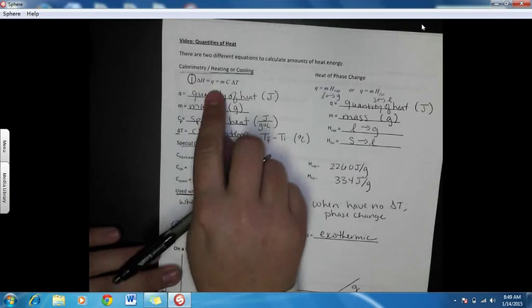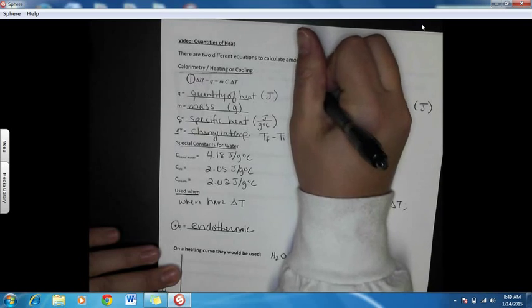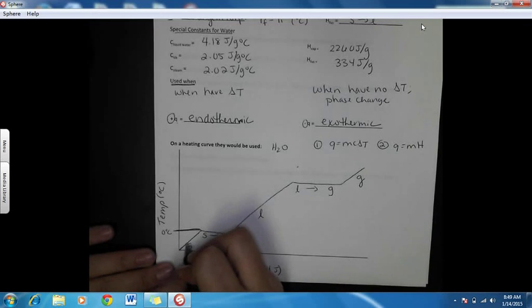We're going to call this equation number 1 and this equation number 2. Okay? We're going to make a key here. Equation 1 is Q equals mc delta T. Equation 2 is going to be Q equals mH. Alright, so in the first region we have a change of temperature, and so that's going to be equation 1, Q equals mc delta T.